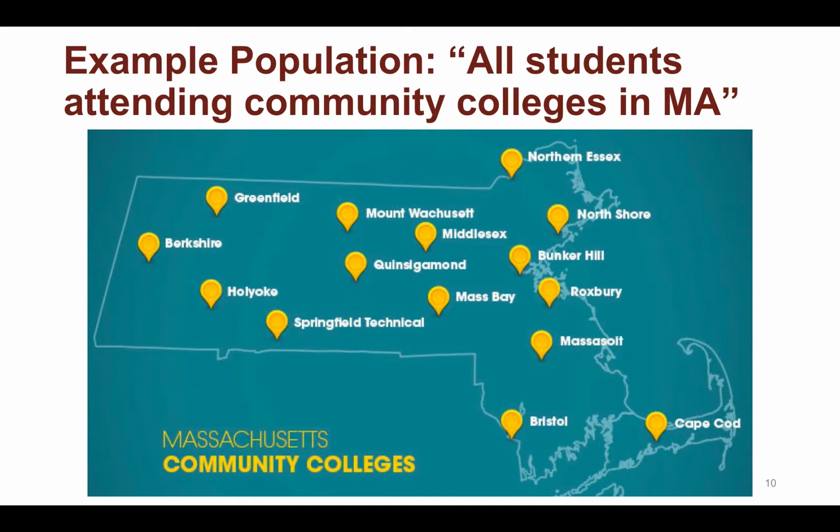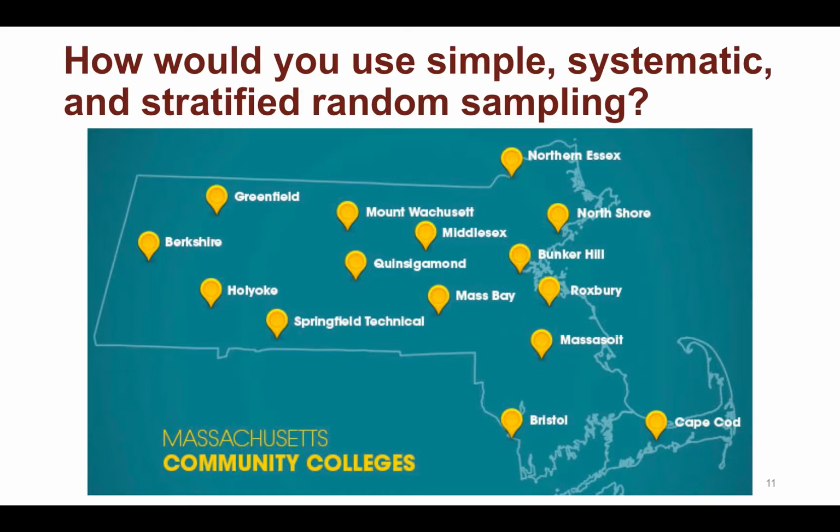So now I'll talk about the different types of random sampling using the following example. So let's say we want to examine the population, all students attending community colleges in Massachusetts. So if we Google this, we'll find that there are approximately 156,000 community college students currently in Massachusetts. So let me talk about simple random sampling, systematic random sampling, and stratified random sampling, and how that would apply in this example.